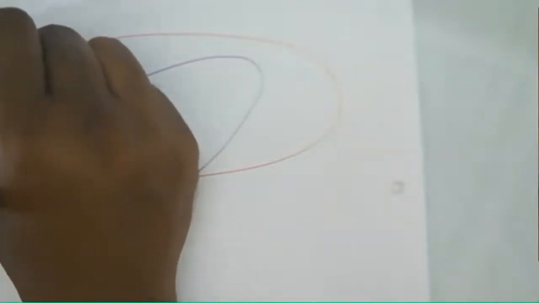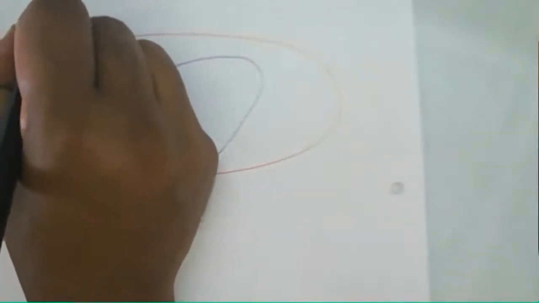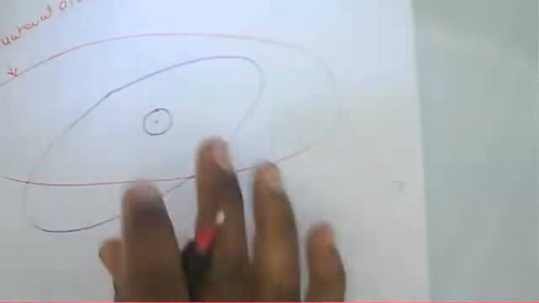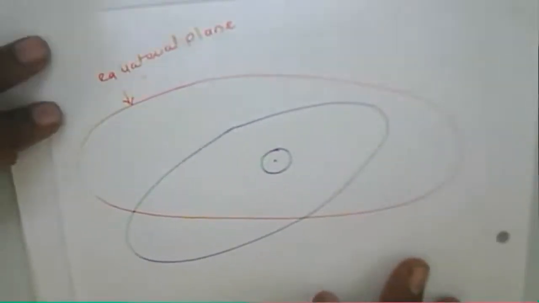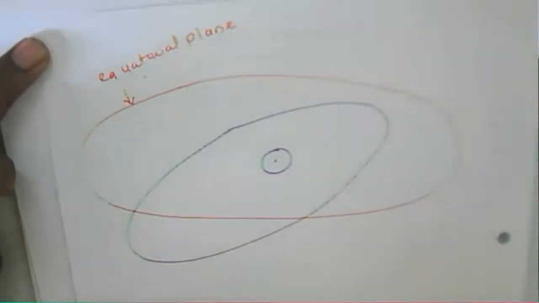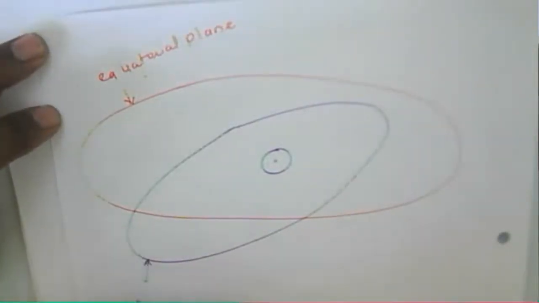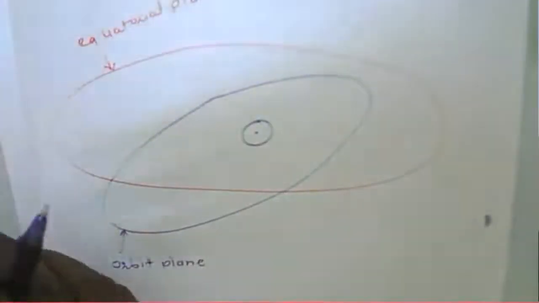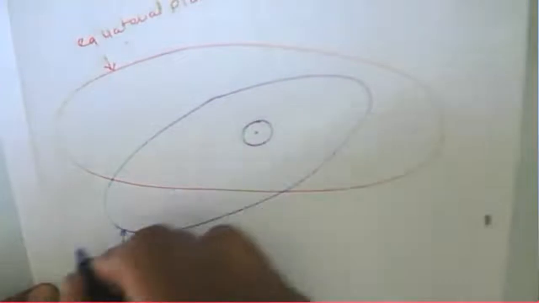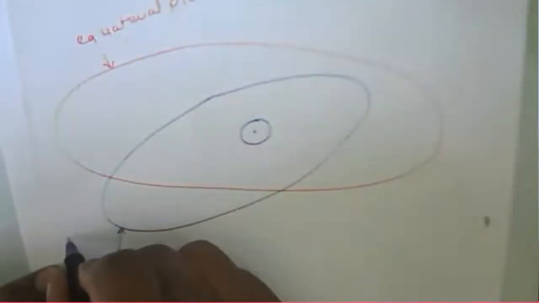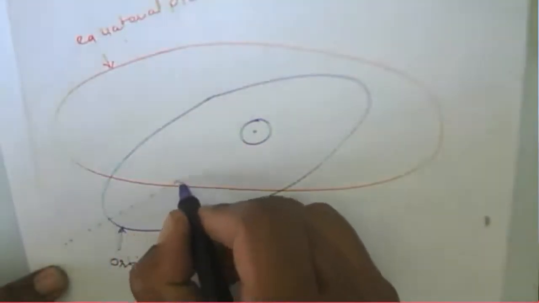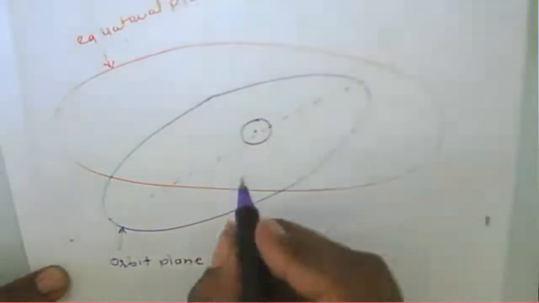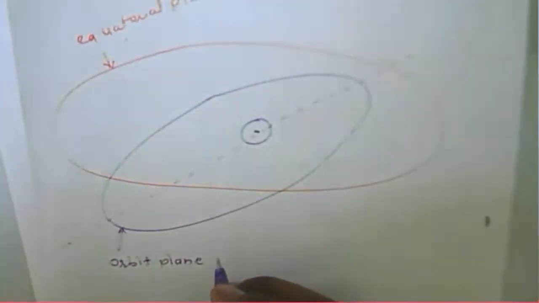Now this is the equatorial plane. And this we can consider the orbit plane. Equatorial plane and orbital plane.